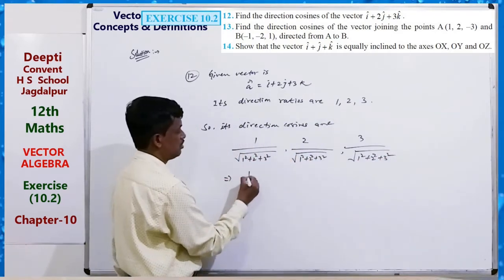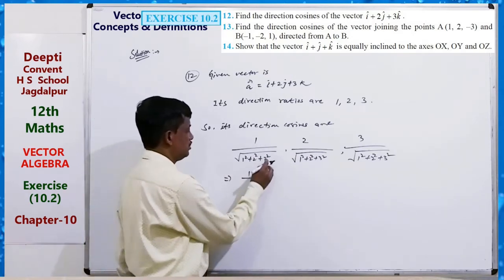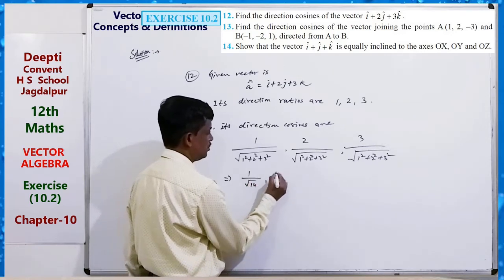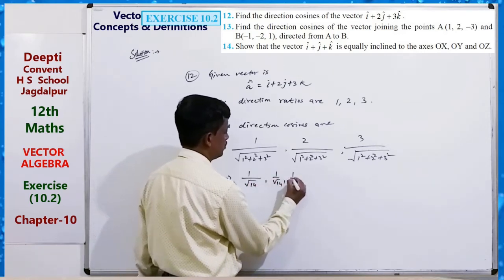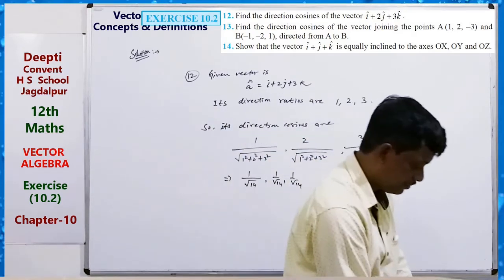That is 1 upon root 14, 2 upon root 14, 3 upon root 14. Clear? So root 14.